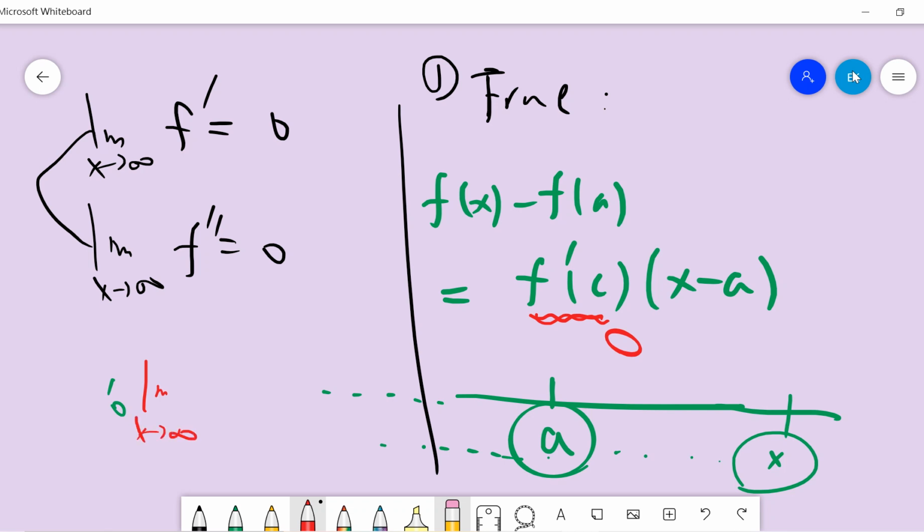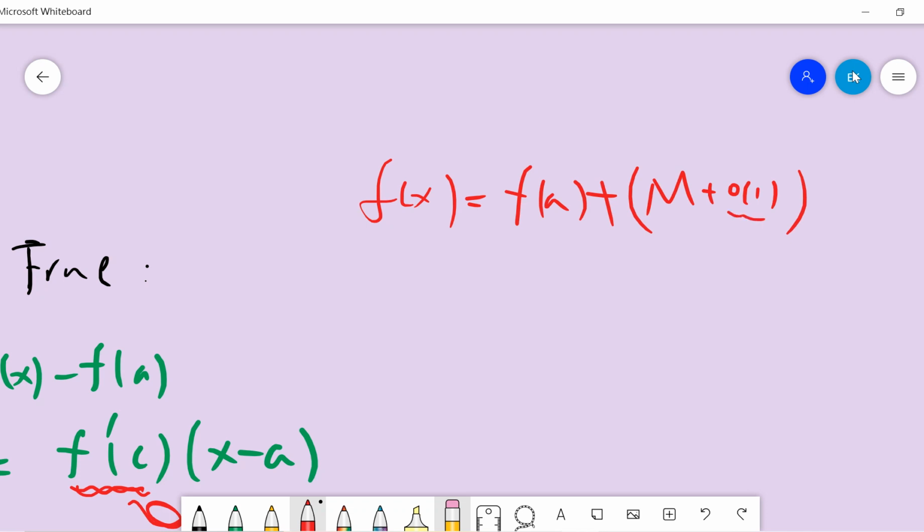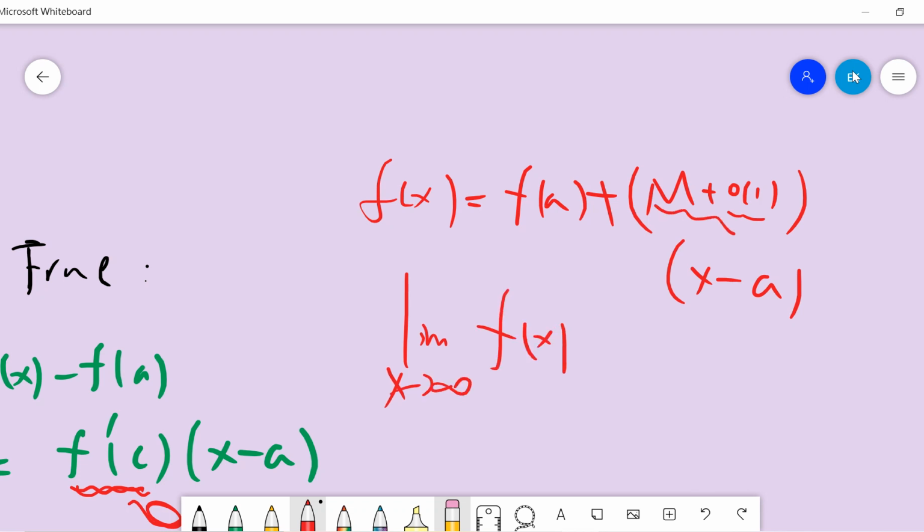Suppose that as x goes to infinity, f prime's limit is called m. That means f of x is equal to f of a plus m times (x minus a) plus some small error term. When you let x approach very large, this term will be really close to m times (x minus a), which will make f of x blow up if m is non-zero.